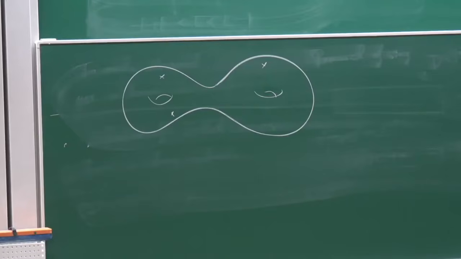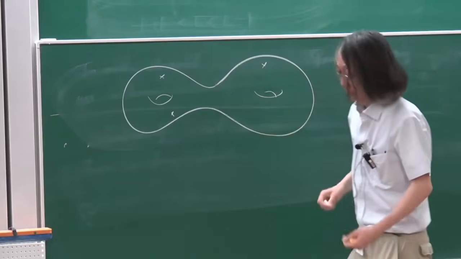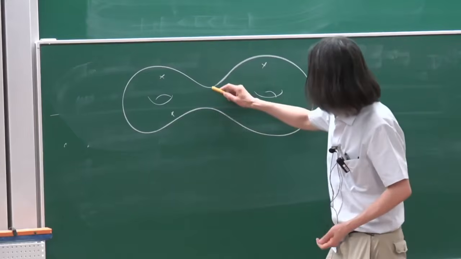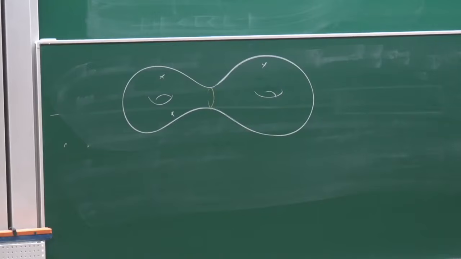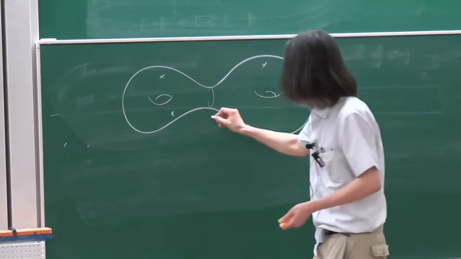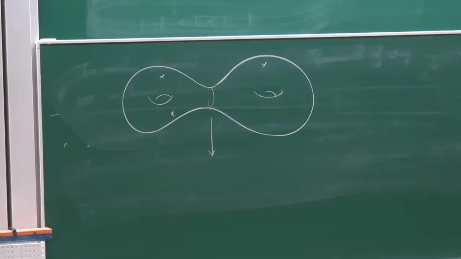That is the first case. Otherwise, the other case is that some part, I mean, say I have some closed geodesic here, and this closed geodesic is getting shorter and shorter, and then degenerates to a point.